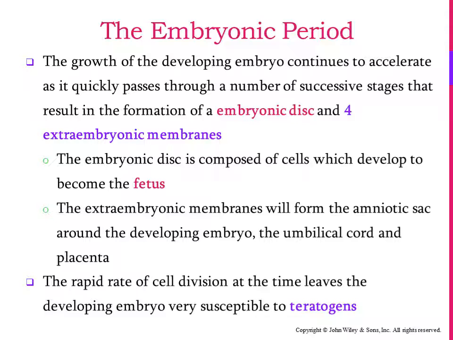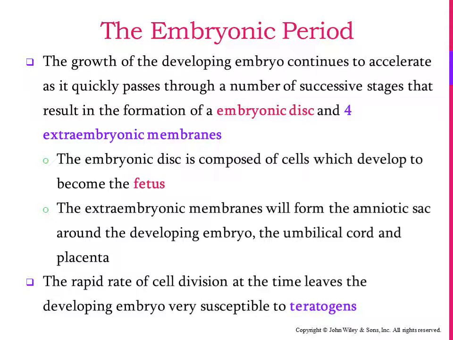So the embryo develops an embryonic disc and 4 extra embryonic membranes. The embryonic disc will divide into the structures that will make up the fetus and includes 3 distinct tissue types, while the extra embryonic membranes will form the supportive structures such as the amniotic sac, the umbilical cord, the placenta.